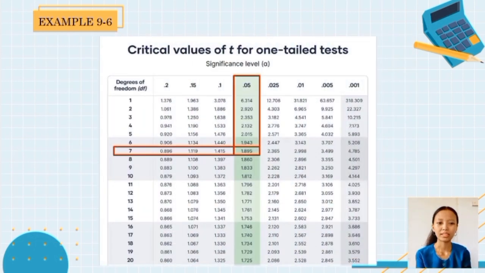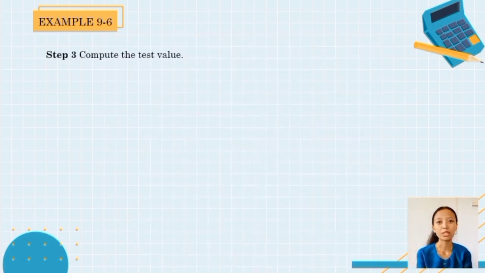How did we get negative 1.895? Using this table, we will be able to find the critical values of t for a one-tailed test. The critical value is 1.895, and since it is a left-tailed test, it becomes negative, so negative 1.895.